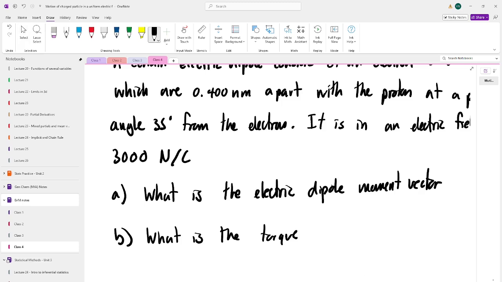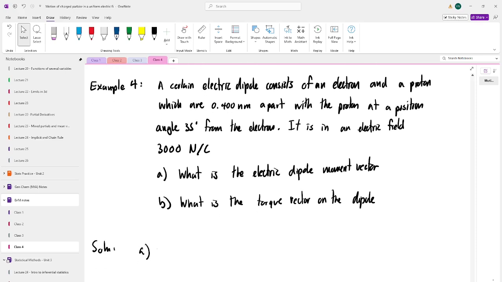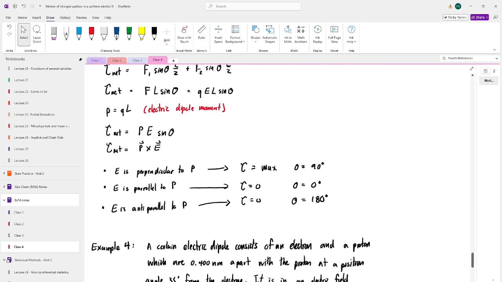And A, they're asking us what is the electric dipole moment vector.